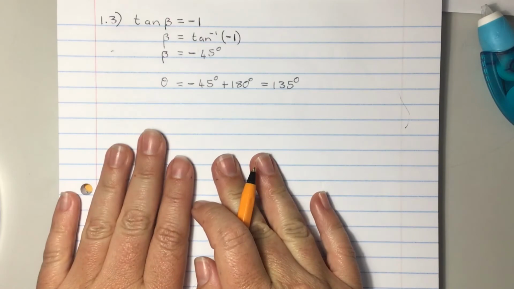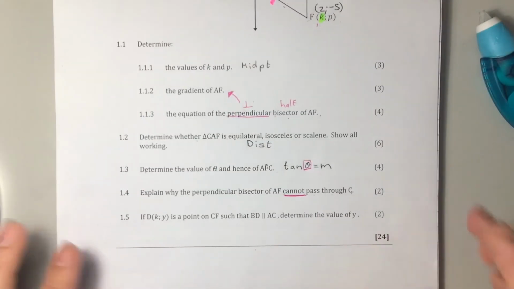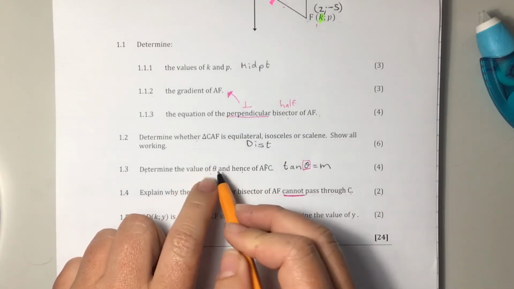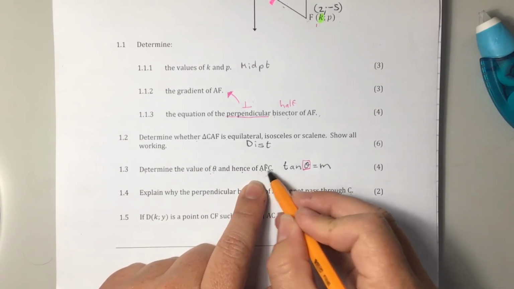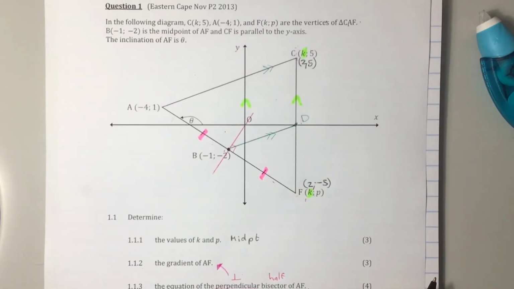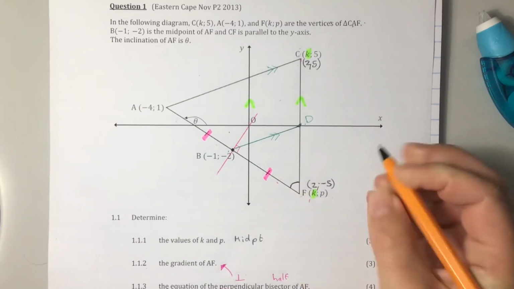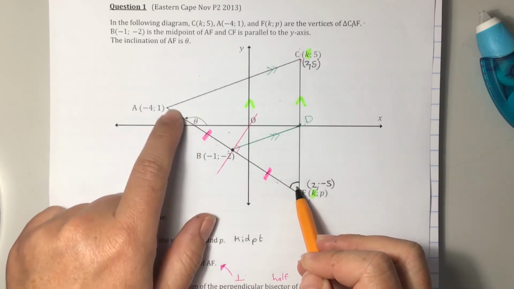Now that I have theta, I will go and look at the rest of the question, because the hence tells me I need to use this anyway. So I might as well wait until I've got that value before I try and work out the size of angle AFC. So here we have angle AFC, and it's difficult to see if there is a relationship between those two.